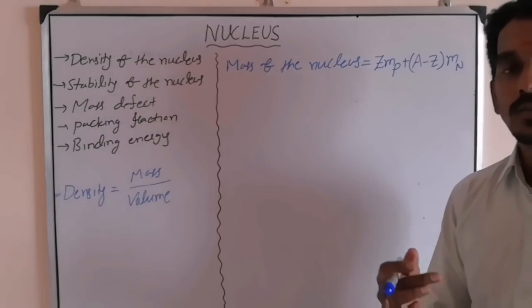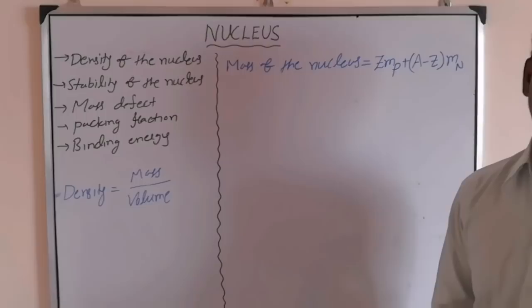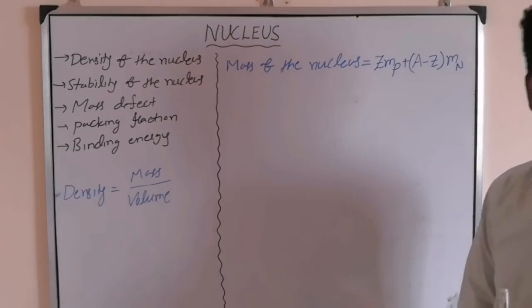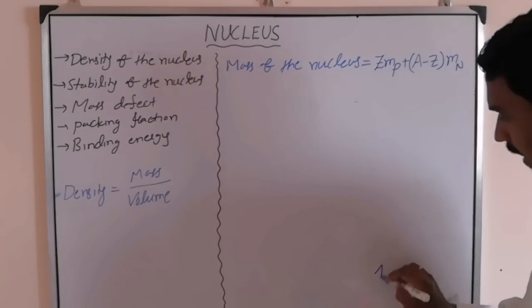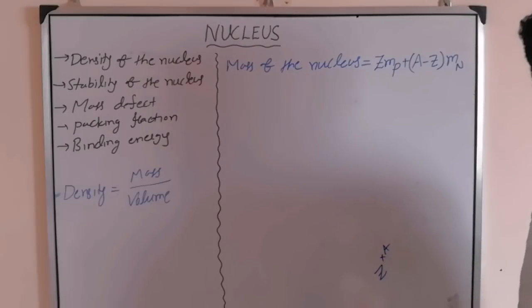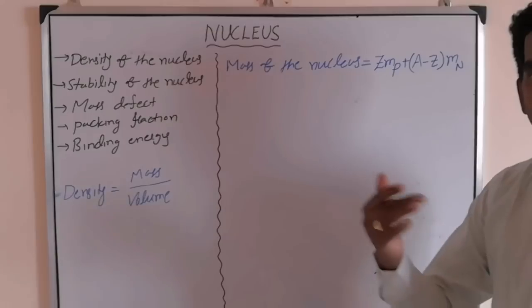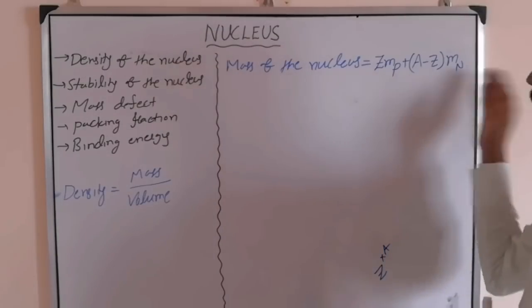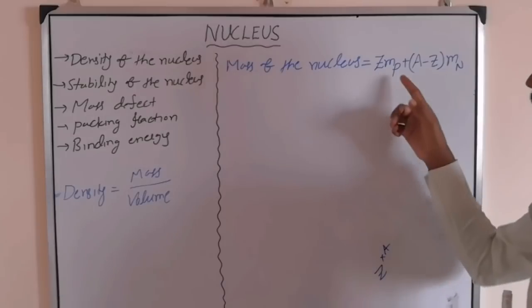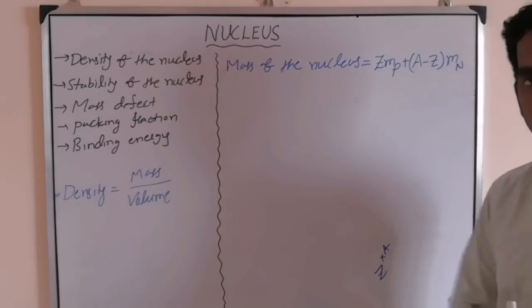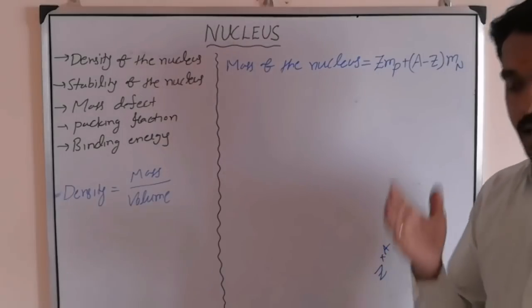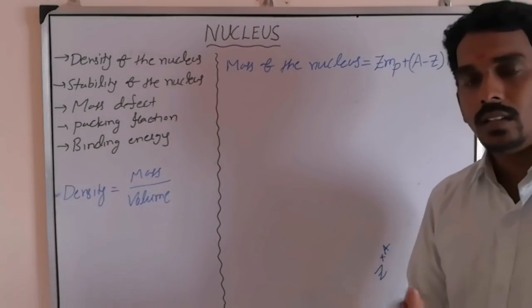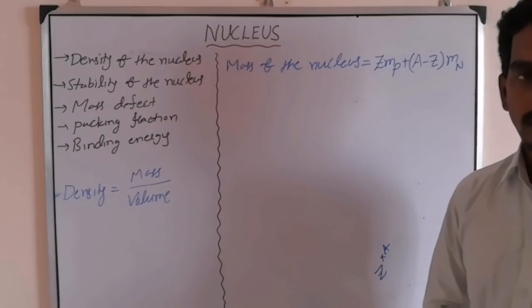Sometimes they may give the nucleus mass directly, then you don't have to calculate it in this manner. If they give some atom like ZXA, like 2 helium 4, then you have to calculate like this. Then you require these values depending upon the question. But this is the calculated mass, and if they give it, that is the actual mass.